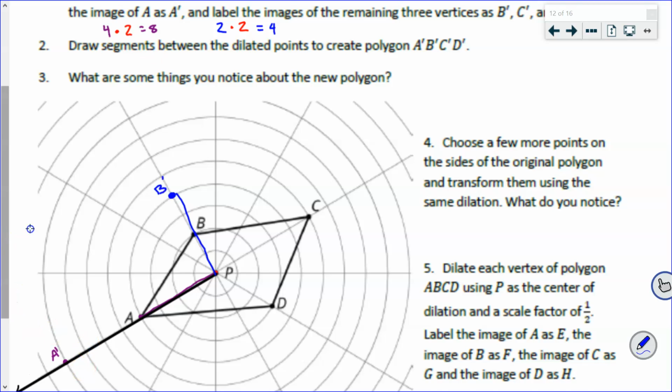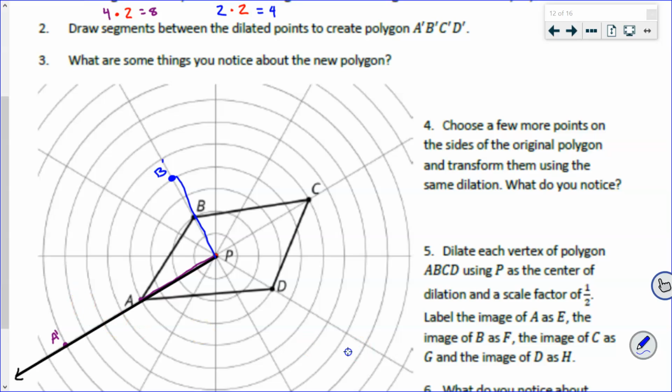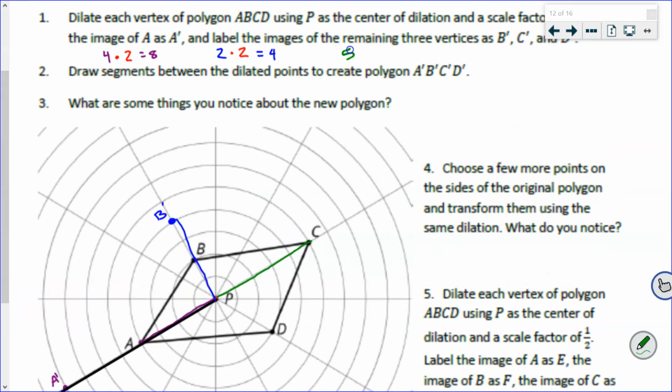Continue on, figuring out where your C and D points are going to go. C prime and D prime. 1, 2, 3, 4, 5. So I'm going to write that down. 5 multiplied by 2 means that this point C prime is going to be 10 away. 1, 2, 3, 4, 5, 6, 7, 8, 9, 10 away.